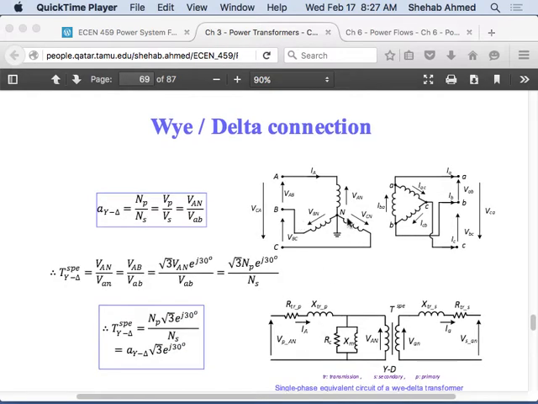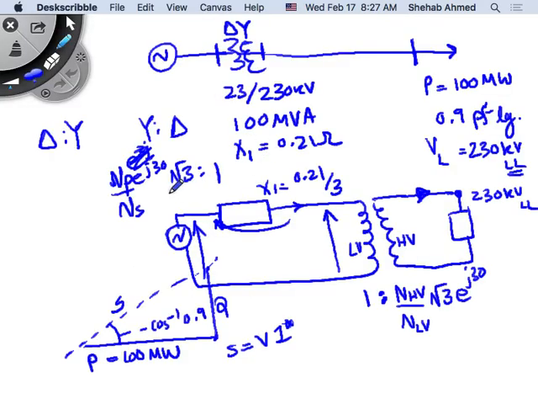Yeah, star delta transformer, square root of 3, the turns ratio for this transformer, square root of 3, n primary over n secondary, which in this case was the star side to the delta side, e to the j30, right? That's what I wrote here. N primary over n secondary, e to the j30, square root of 3, all on the star side versus 1 to the delta side, right?